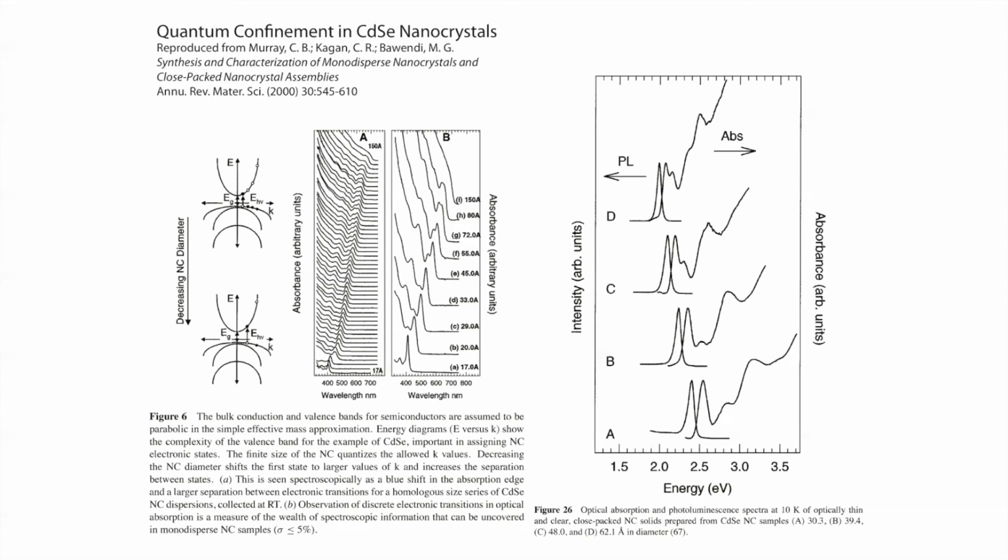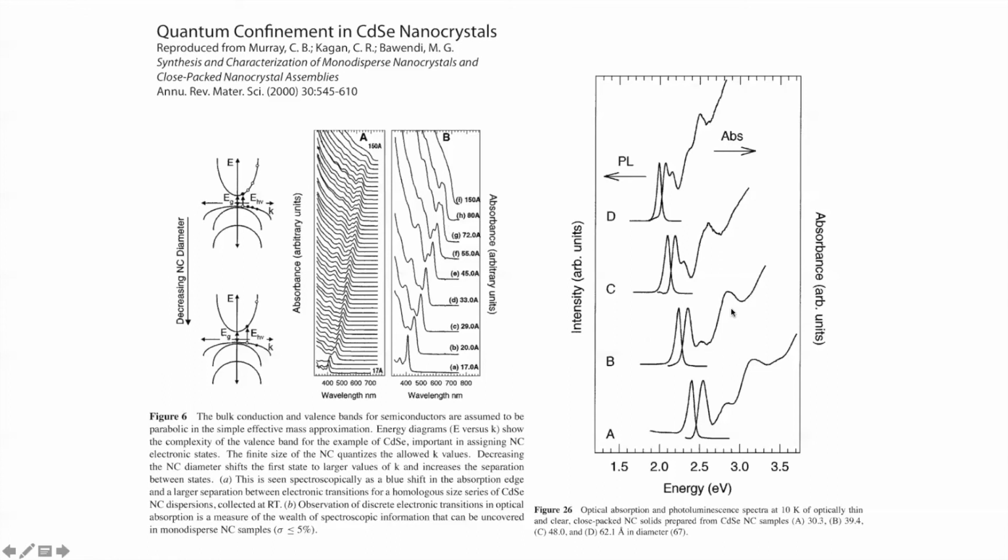The lowest energy thing shifts to the right, but also the spacings between the bands decrease as you get to larger and larger dimensions of the box. And I like this sort of stack of many, many spectra on top of each other, because you can see the individual transitions and how they evolve in energy as you go from one size to the next. And so each one of those little bumps there corresponds to a different transition in this E versus K diagram there on the left.